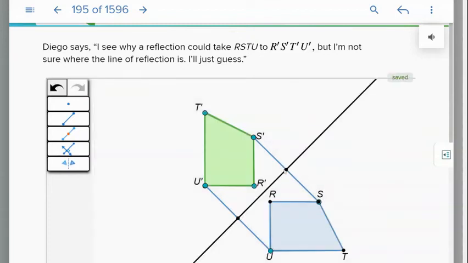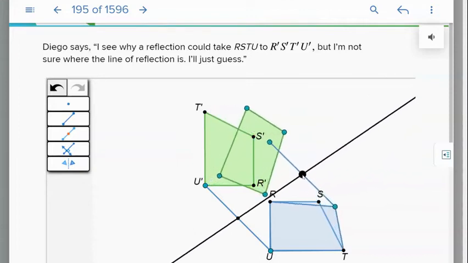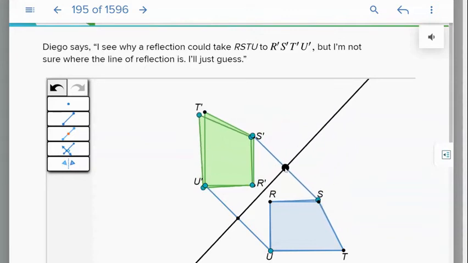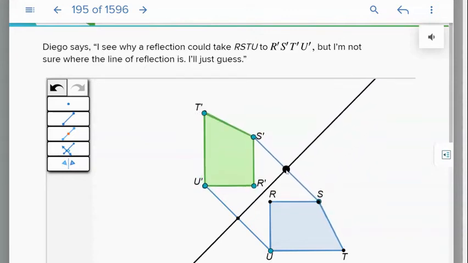So do you see that? Right? Because if he's not sure where the line of reflection is, it might be because he needs to take into account the distance between the vertices. So this reflection would work. His line of reflection would have to be using the midpoint between S to S prime.